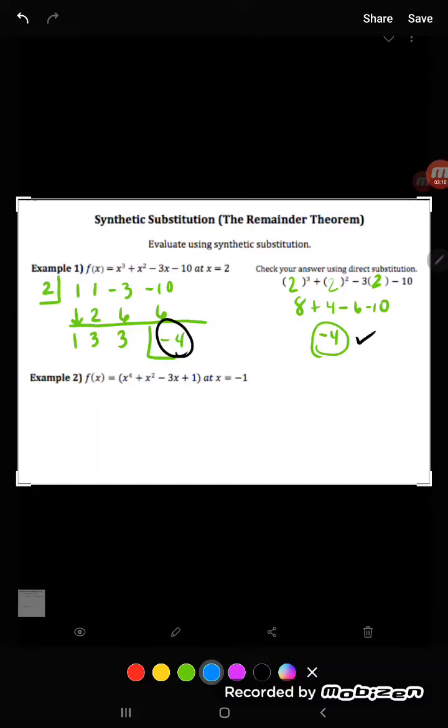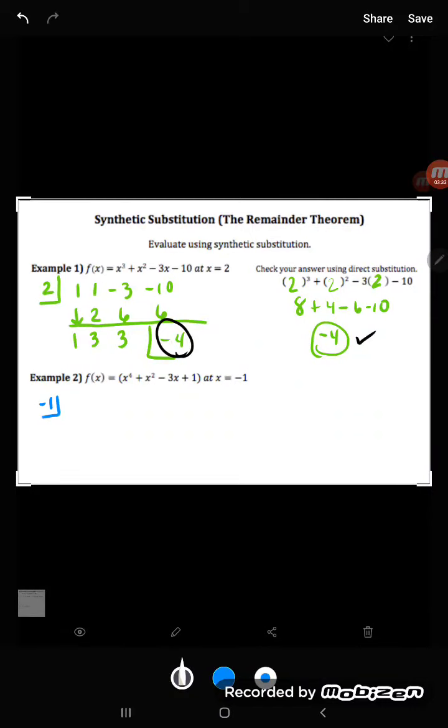So for example 2, I have f of x equals x to the fourth plus x squared minus 3x plus 1. And I'm going to evaluate it at x equals negative 1. So I'm going to bring down my negative 1 over on the side. So negative 1 here.